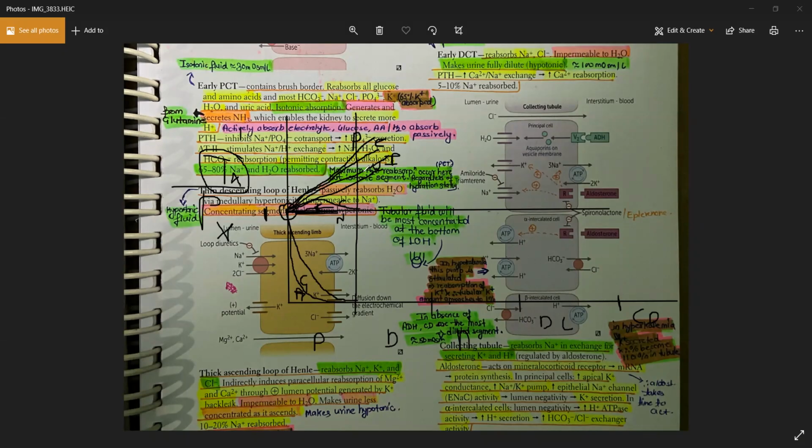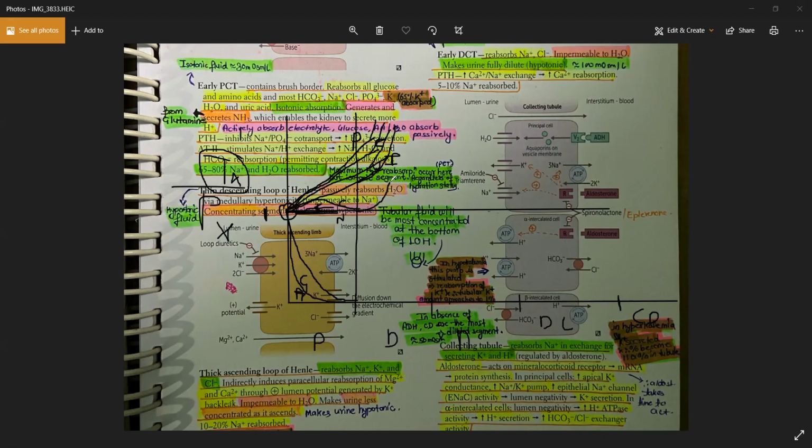Now, as these solutes enter into the descending loop of Henle, the concentration will start rising rapidly. All of them will go up, including my sodium, chlorine, and potassium.